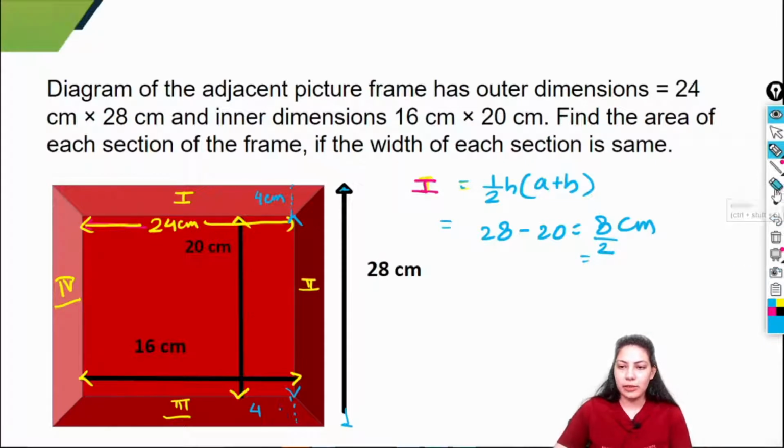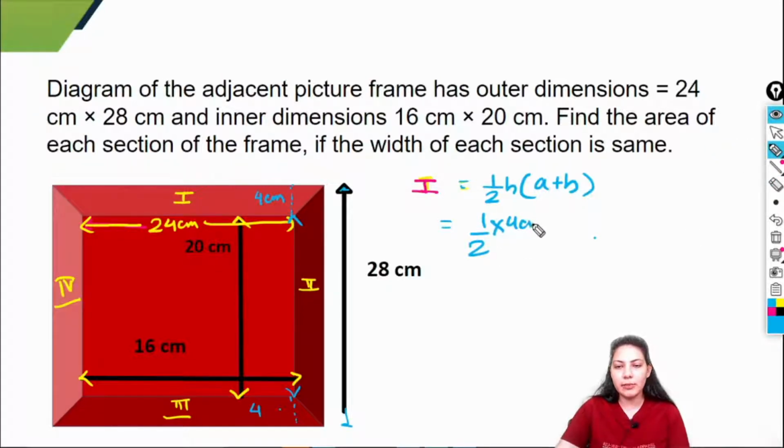So let me erase this. Let's solve. So half into 4 centimeter into a plus b. So this is 20. Wait a minute. This whole is 24.